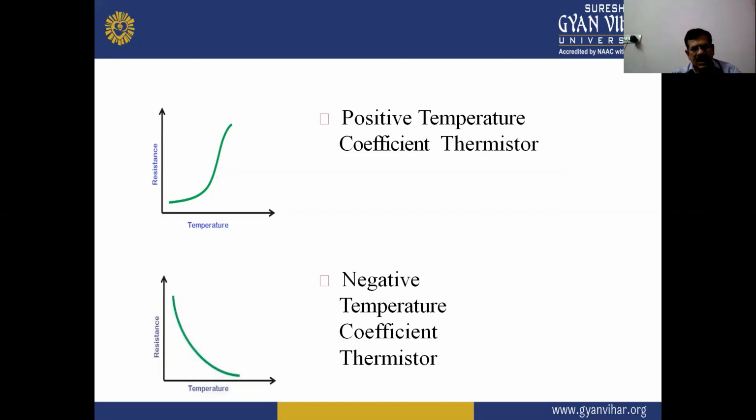In the second graph, between resistance versus temperature, this shows the negative temperature coefficient thermistor. So these are the graphical representations between resistance versus temperature of the positive temperature coefficient and negative temperature coefficient thermistors.